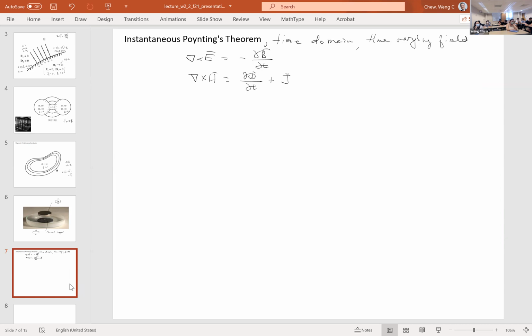You should know these equations like the back of your hands after this course. Okay. You can reproduce them in your dream and in your sleep as well.